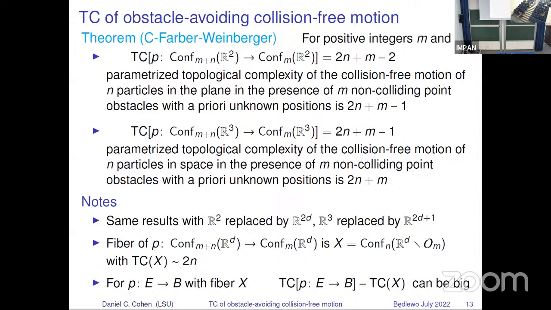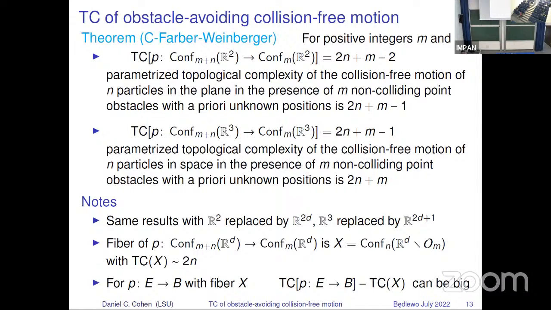The fiber of these Bedlewo bundles, as I think I mentioned briefly, is the configuration space of m robots in the complement of the daily obstacle position. And from a few pages back, Farber, Grant, and Oprea computed the topological complexity of that space, and it's roughly twice n.